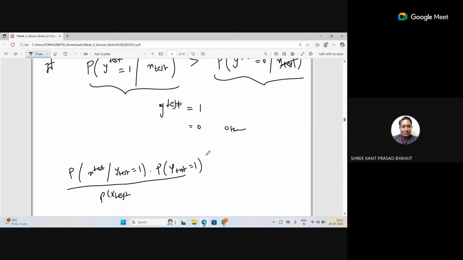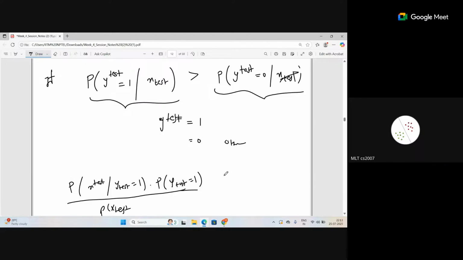And the other side: probability of x test given y test equal to 0, into probability of y test equal to 0, divided by probability of x test.